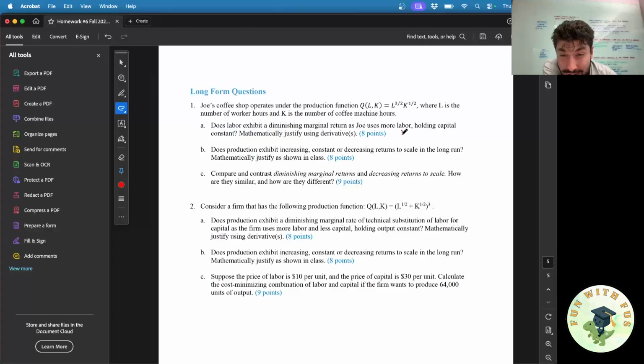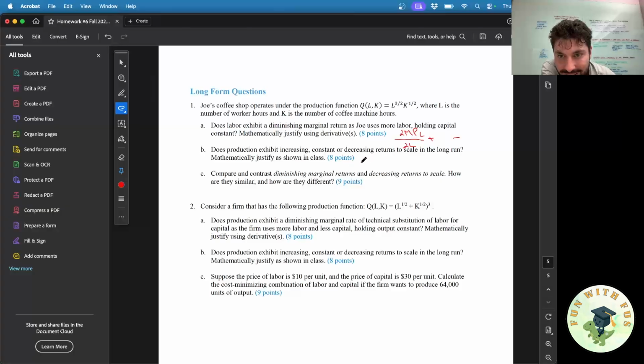Okay, that means we're looking at dMPL/dL. That is the derivative I would use, and if it's positive, then this would be false, it would not be a diminishing return. And if this was negative, then this would be true. It does.